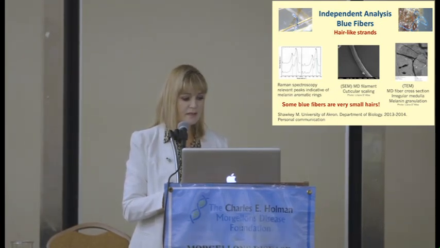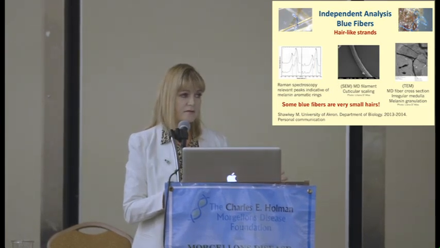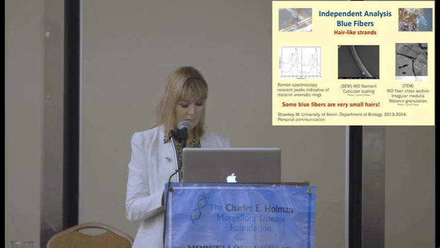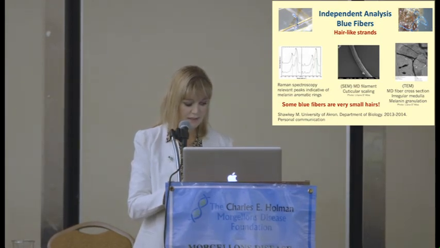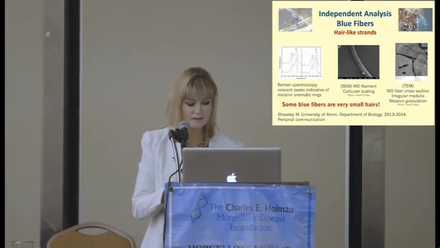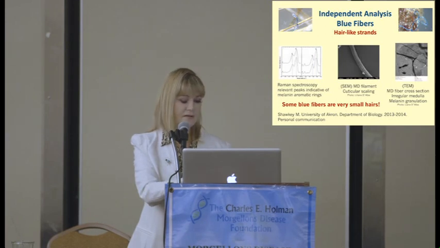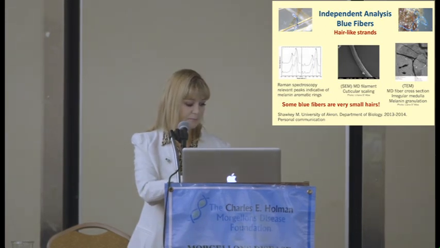And he did this because he did electron microscopy and he could actually see the melanocytes and he could see melanin granulation. And he also did spectroscopy, and this also verified the findings of melanin and keratin.